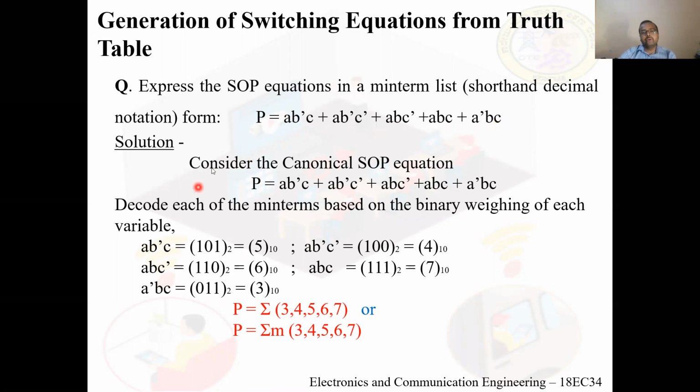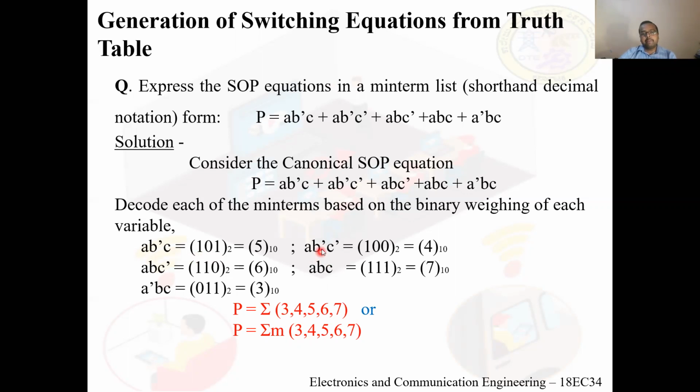Now how do you decode the algebraic min terms into decimal notation? How do you convert? Since you're writing the min terms, if it is A, you write it as 1. If it is bar, you write it as 0, right? So similarly, what we have A bar B C is 0, 1, 1. For A, B bar, C, how do you write it? 1, 0, 1.